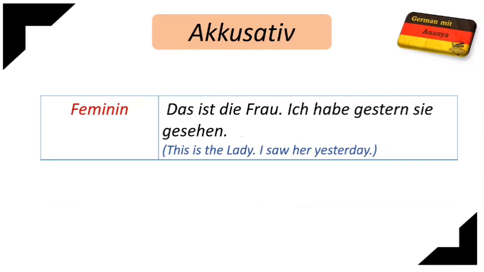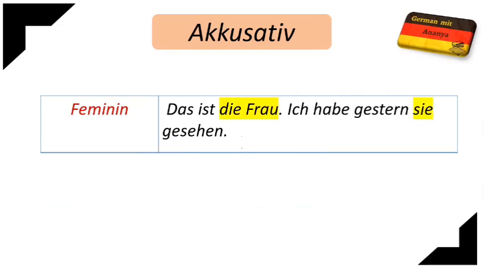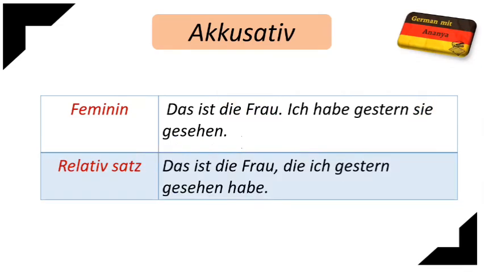Next, das ist die Frau, ich habe gestern sie gesehen. This is the lady, I saw her yesterday. Common is die Frau and sie here. So it will be: Das ist die Frau, die, because die is representing here die Frau. Then ich gestern gesehen habe.